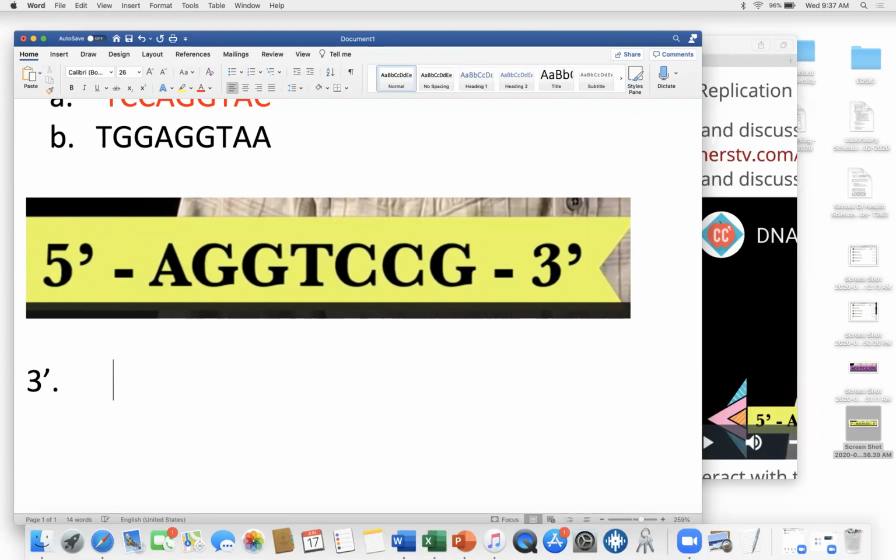So then now all I do is match up the letters. A always goes with T, right? G always goes with C. G always goes with C. We already know that. T always goes with A. C, G, and G, C. And then it goes, of course, if I started at 3', I'm going to 5'.